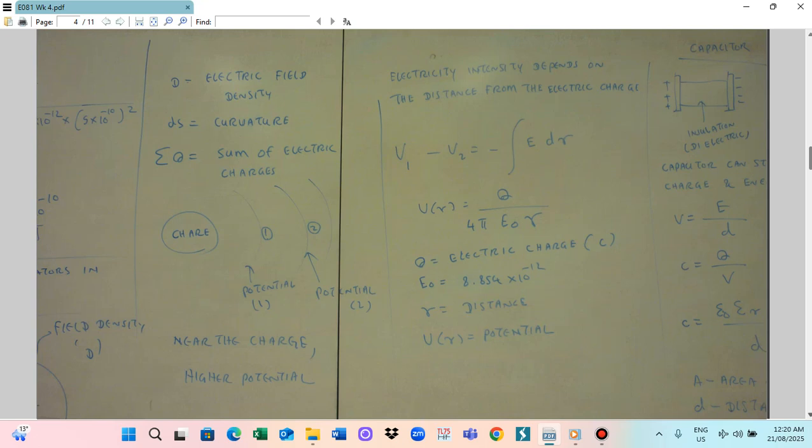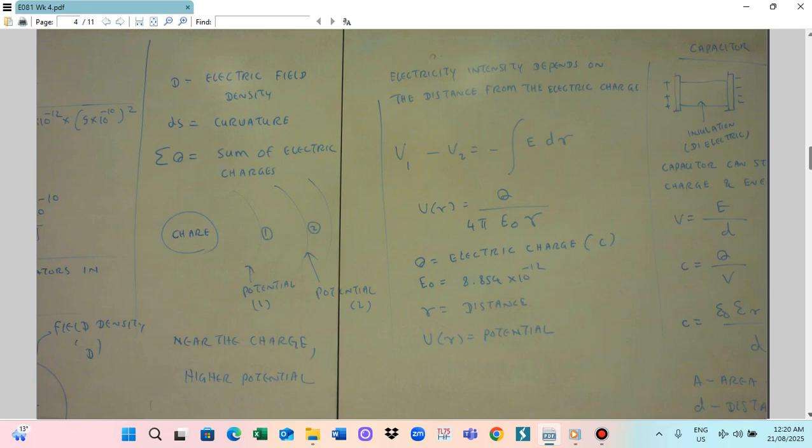So electrical potential can be calculated, depending on how far you are from the electric charge. When you bring the particle closer to the electric charge, the potential will be bigger. So it can be calculated by the equation V(R) equal to Q divided by 4πE0R.